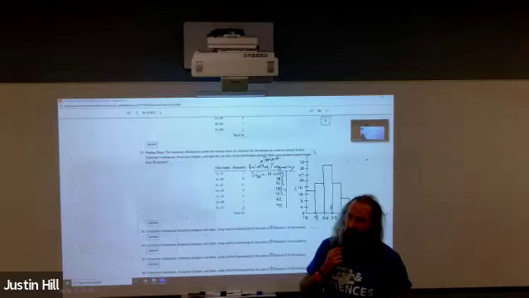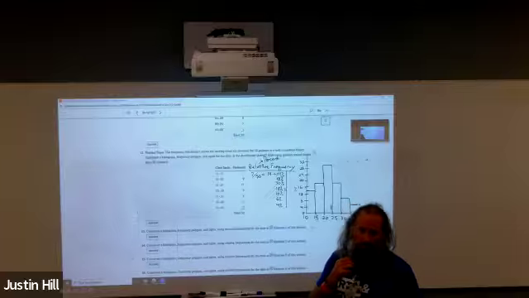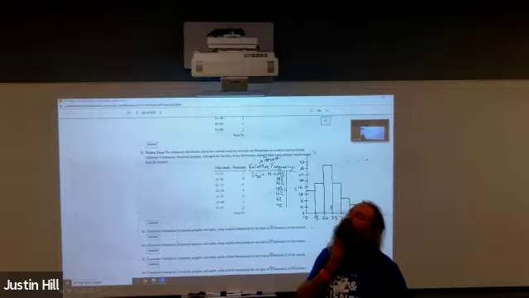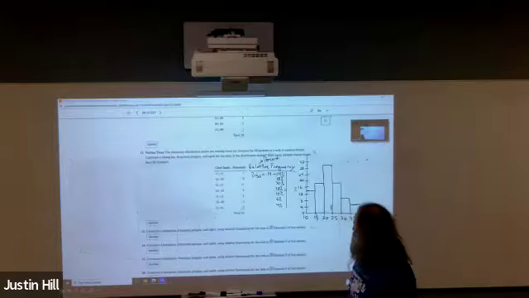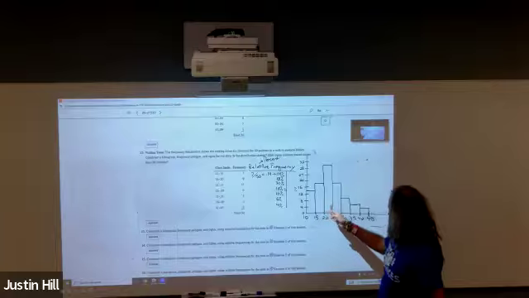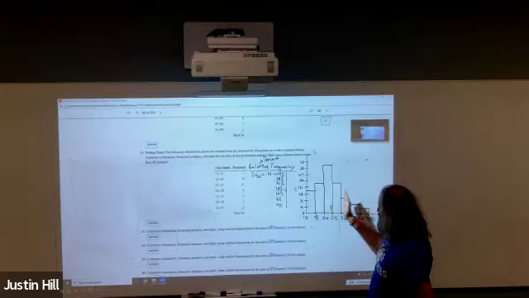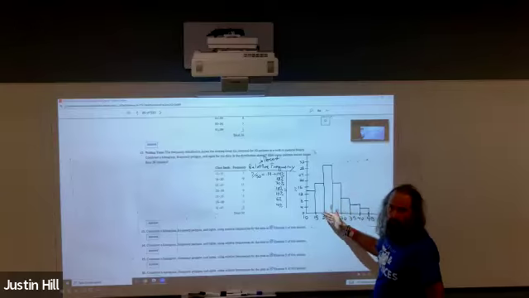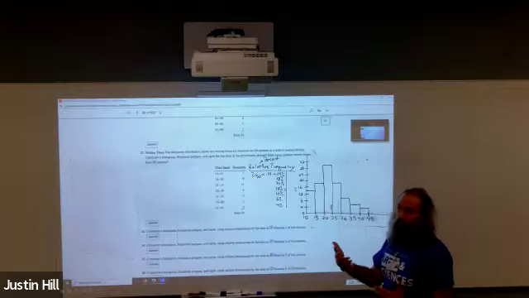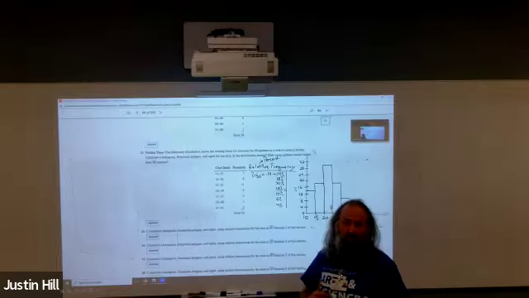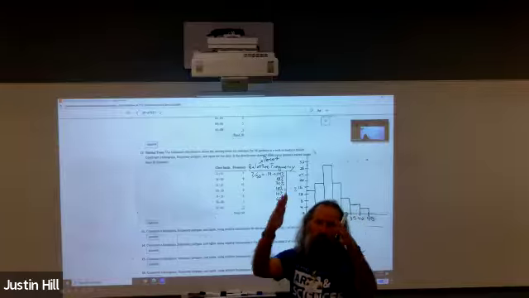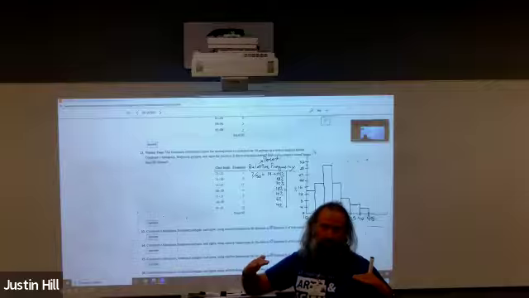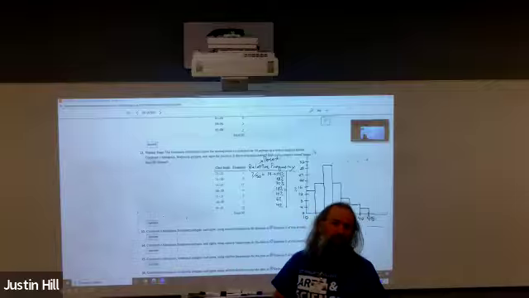But you could also make an argument, if some of you said this is bell shaped, that it's bell shaped. Visually the middle definitely looks to the left, but the point of bell shaped is that it's not always going to be perfect. The data is not always going to look perfectly centered and exactly symmetric.